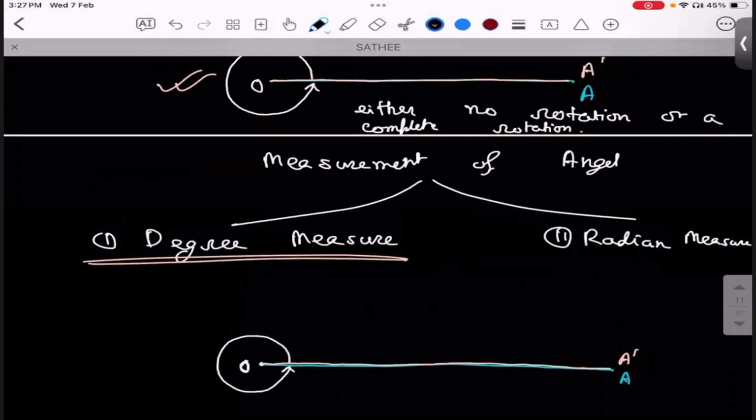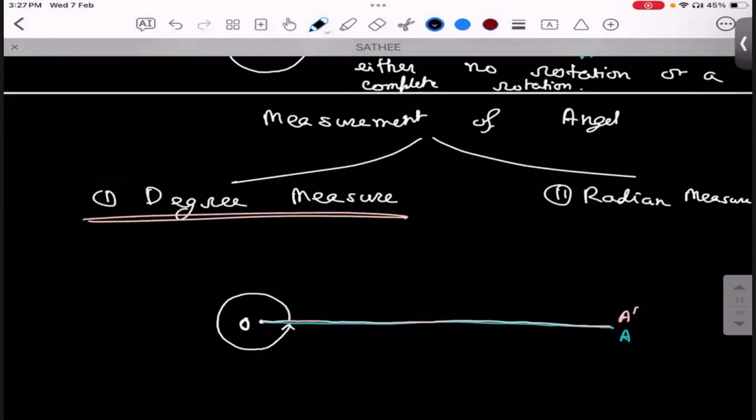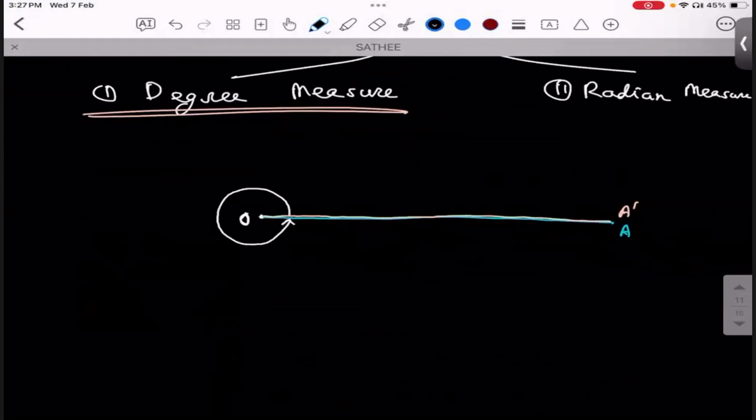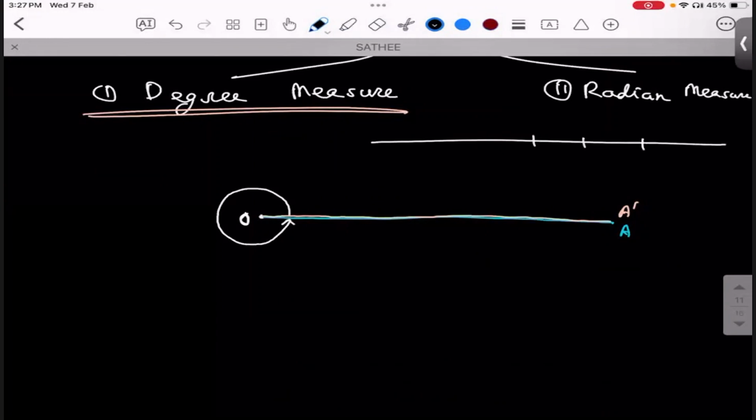Like whatever we have done in the case of real lines or real numbers, like in case of natural numbers, we do 1, 2, 3, taking unit distance or unit step from one to another. Similarly, we are equally dividing this complete rotation into 360 units or 360 parts, and each part stands for 1 degree.